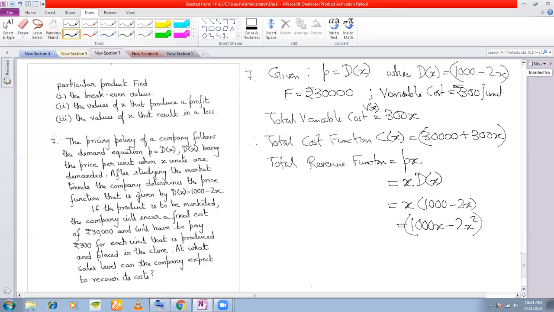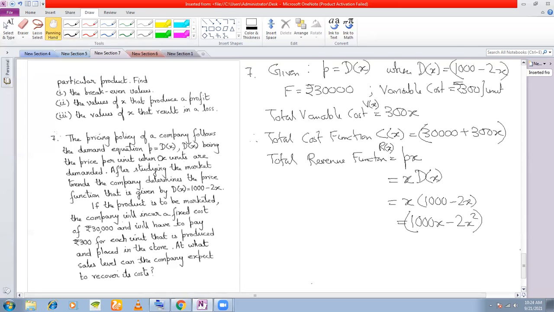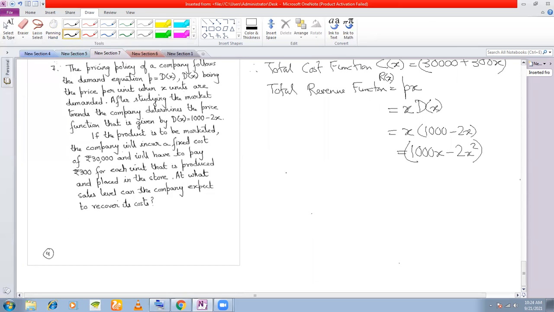Okay, this is your R(x). For break-even point, to recover its total cost, to recover its costs, C(x) must be equal to R(x).